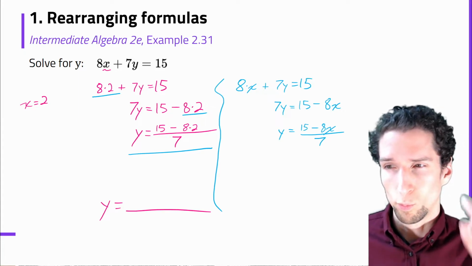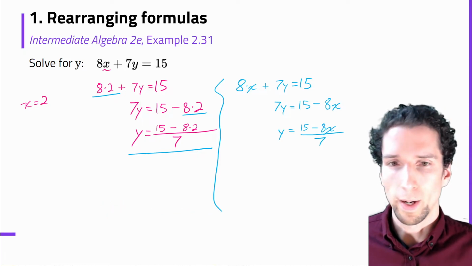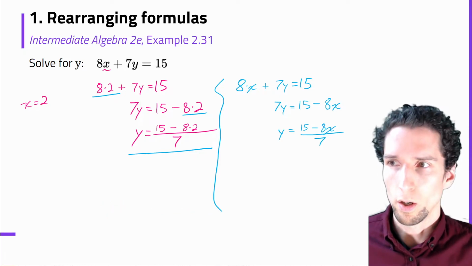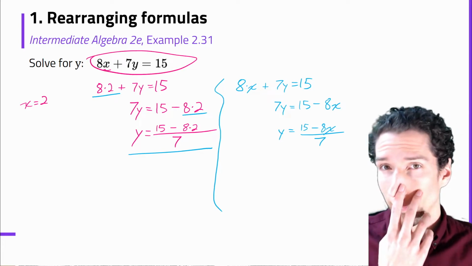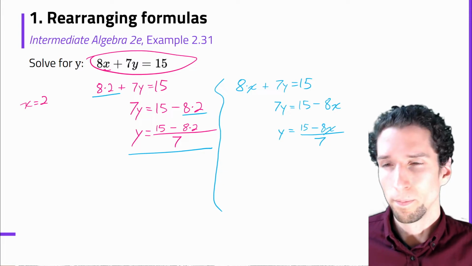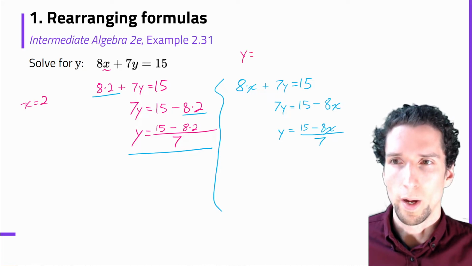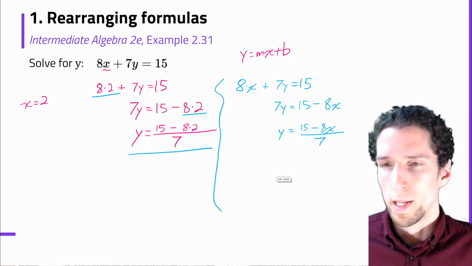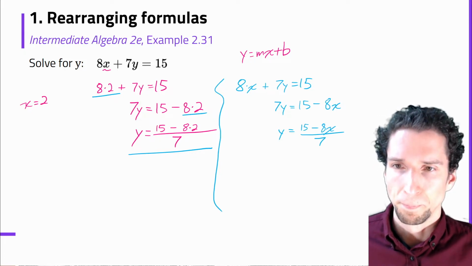So we are done at this point, but you probably recognize that this original thing looks like the equation of a line in standard form. And then we probably want to rearrange it to be in this y equals mx plus b form. So just in case that's the situation, let's take a look at how we would do that.